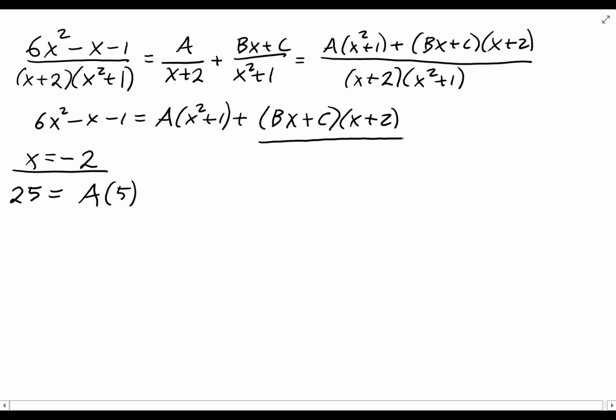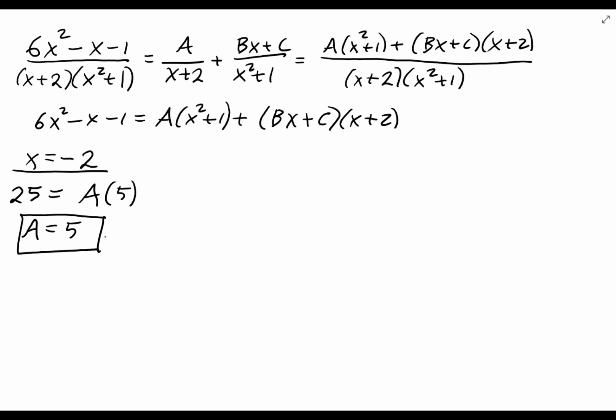And all of this is going to go to 0 because negative 2 plus 2 is going to be 0. So A is going to be 5.